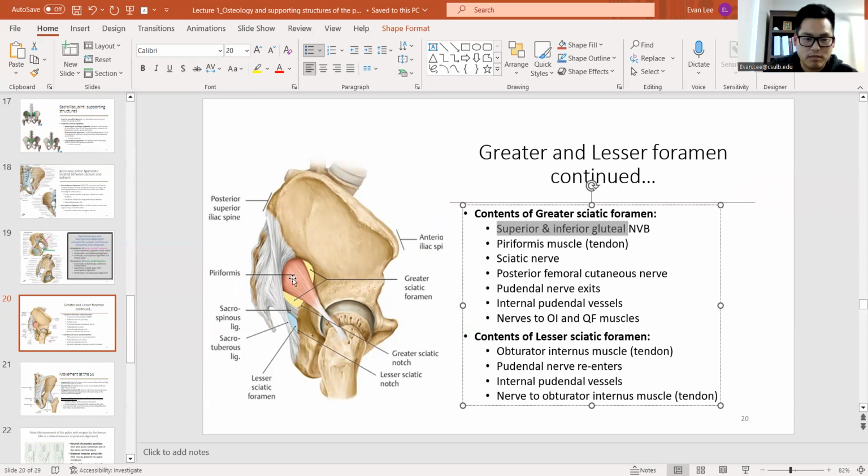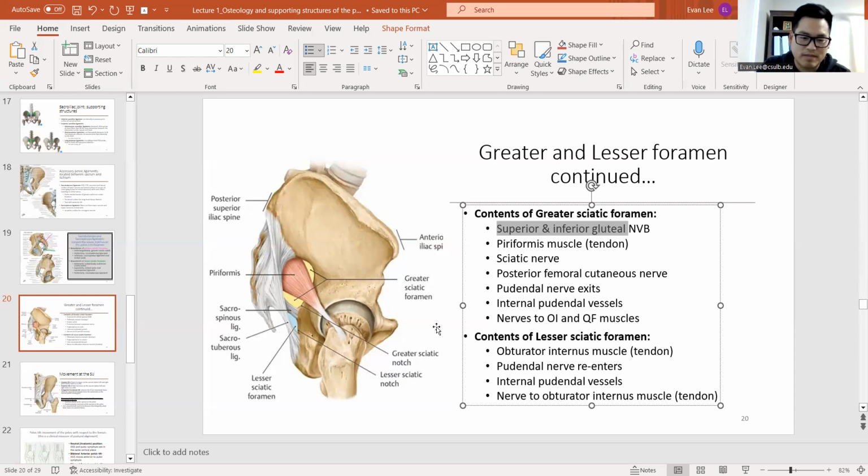The piriformis muscle, which you can see right here, which is actually going to be very strongly associated with the sciatic nerve as well. Pudendal nerve, which is going to be a nerve that goes into the groin region. Pudendal blood vessels that go to the groin region. And then a couple more nerves that go to muscles, such as obturator internus and quadratus femoris.